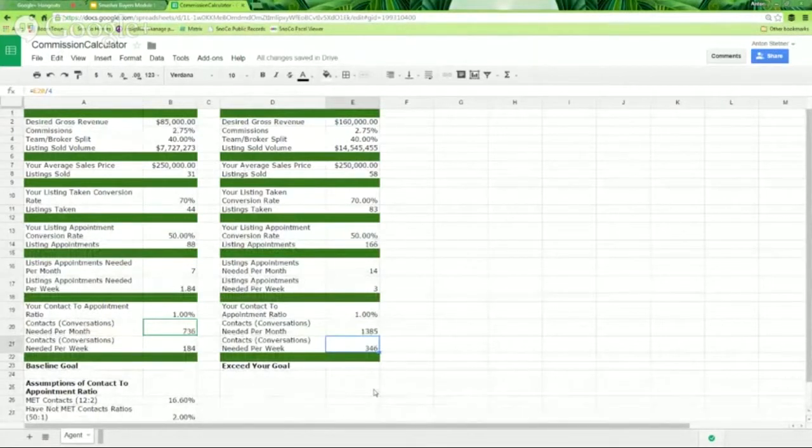But number two, here's the deal. If I put in my mind this huge goal of I need 184 conversations a week, and guess what? If I hit 184 conversations a week with a stupid low conversion rate, with me only getting 50% of the appointments I get on, with me only closing 70% of the stuff I get signed, I will destroy that number.